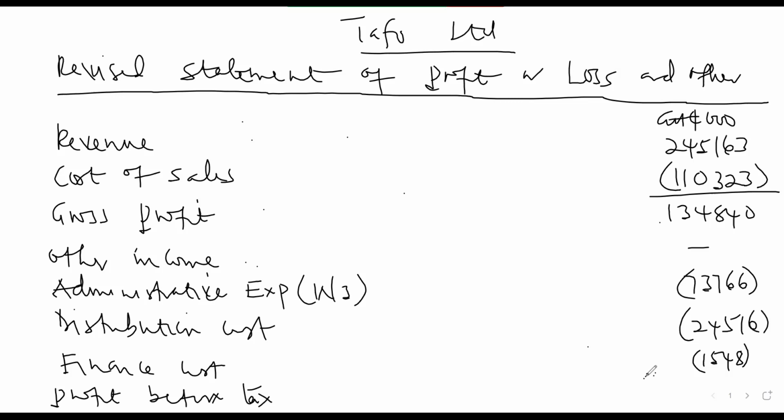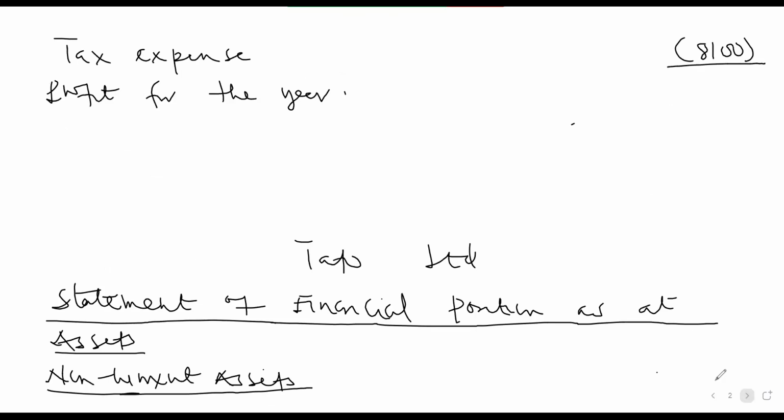What will be our profit before tax? 36,558. Then we now take our tax figure from it. That will be 28,458.